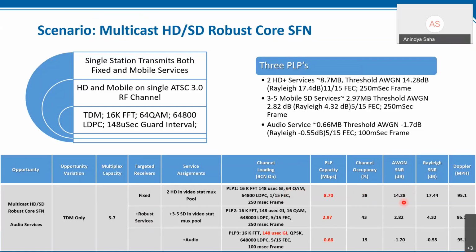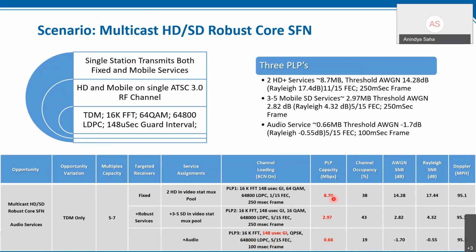And then the robust services and the audio channel usually use lower modulation rates, lower mod cards, as well as different kinds of code rates. So in this case, you can see how the relative PLP occupancy is. This is very low bit rate, 0.66, then 2.9 Mbps and roughly 9 Mbps.